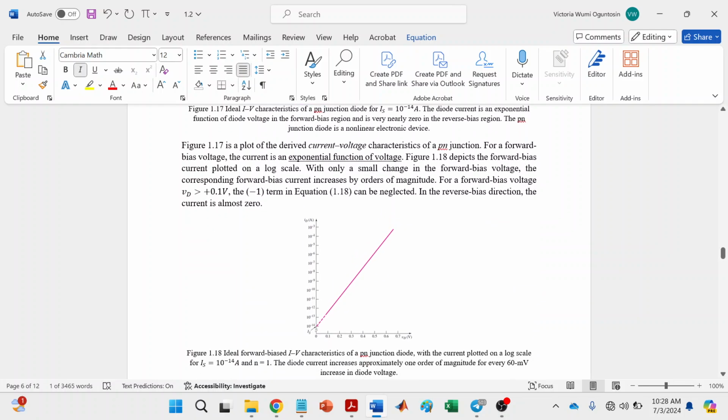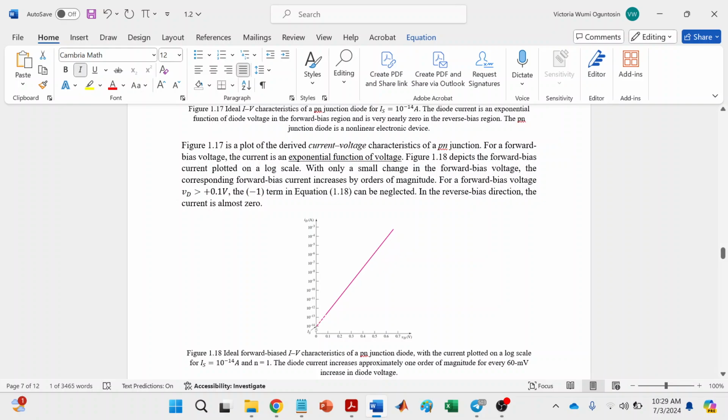This figure depicts the same figure you have up here, but in terms of a log scale. You can see that the forward bias current increases by orders of magnitude when a relatively small amount of forward bias voltage is applied, but in the reverse bias case, the current is essentially zero, so no current is being produced.